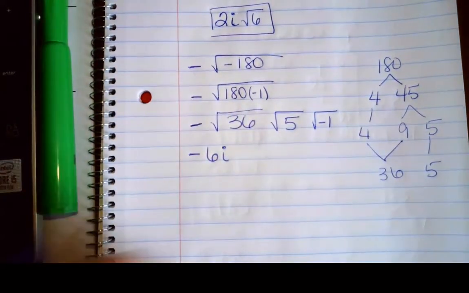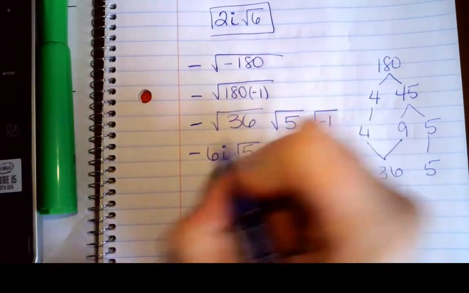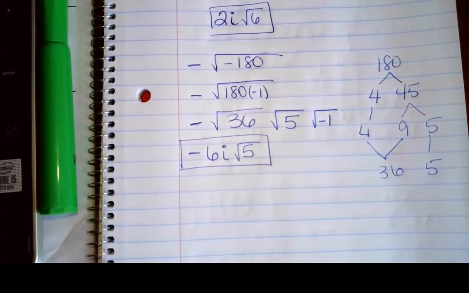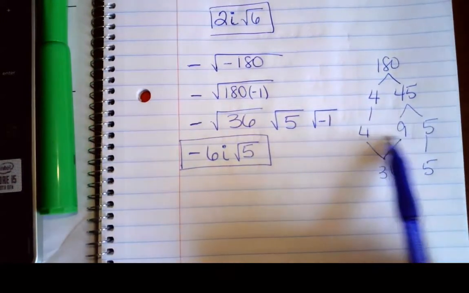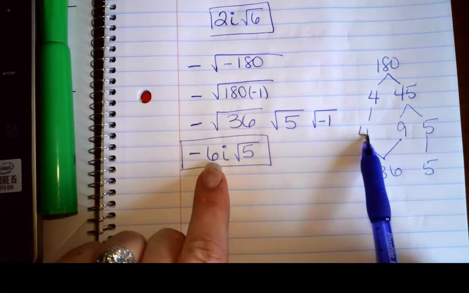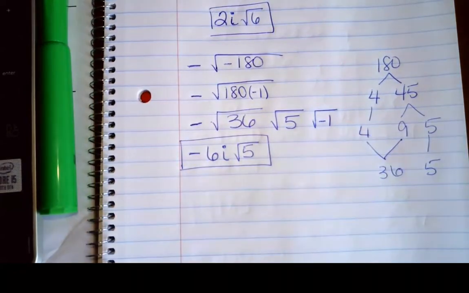And why did I dive over to it? Because the square root of 5 is going to stay inside the radical. So I end up with that answer. Now, what would have happened if I had come to here? Then this 4 would have gotten a radical and become a 2. This 9 would have gotten a radical and become a 3. Well, what is 2 times 3? It's 6. So you would have gotten the same answer.